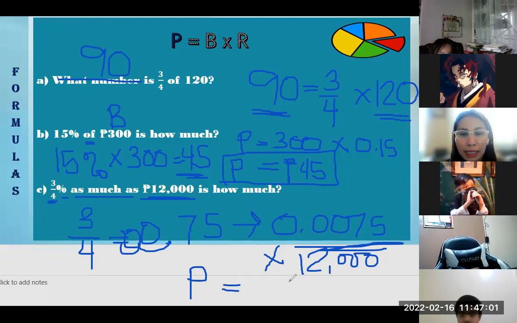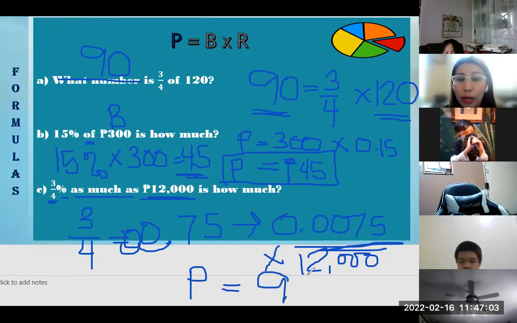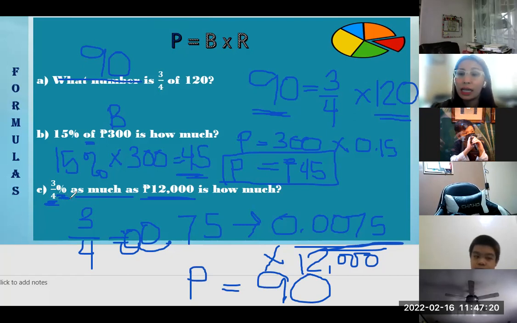90. Yes, so 90. So, hindi natin i-multiply class itong 3/4 lang ha. Hindi siya i-multiply na 12,000 times 0.75. It's because meron pa siyang percent sign. Therefore, the 3/4 is, we need to convert it pa with the percent.